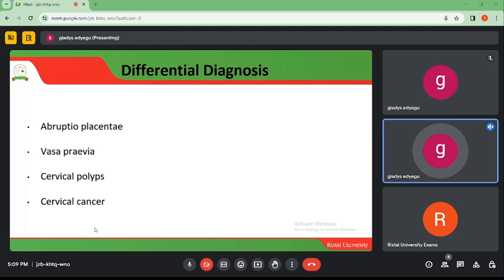The differential diagnosis for this case are abruptio placentae, vasa previa, cervical polyps, and cervical cancers, which, as already mentioned above, are some of the causes of bleeding in the genital tract before delivery.